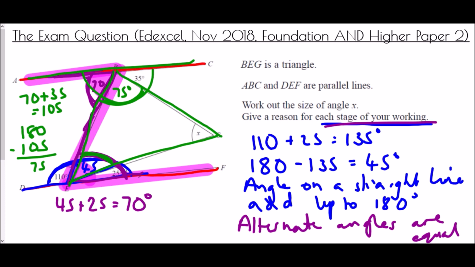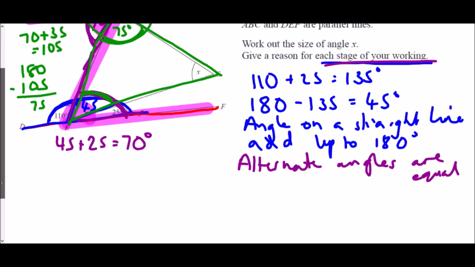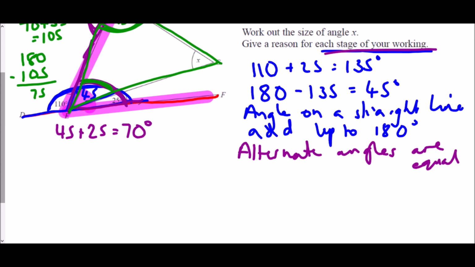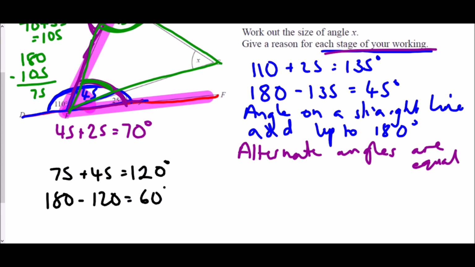And therefore, to get x, we are then going to need to use the fact that it is a triangle. And so, in that triangle, we have an angle of 75 and an angle of 45. And so that is 120 degrees. 180 take away 120 is 60 degrees.